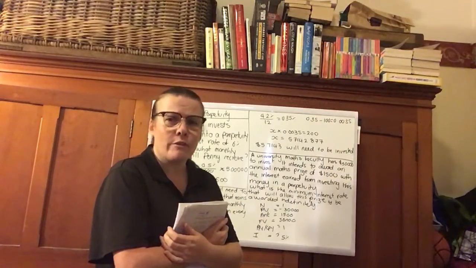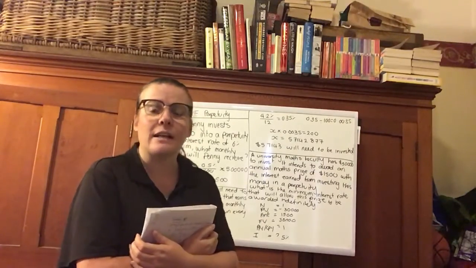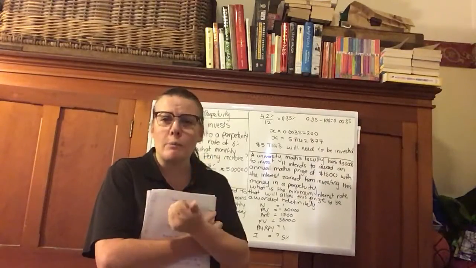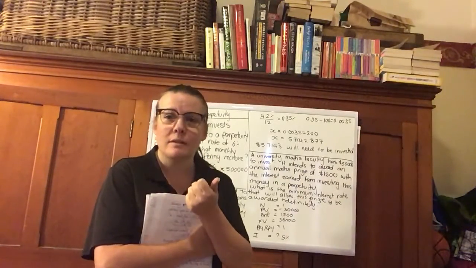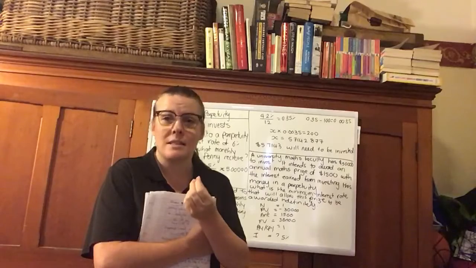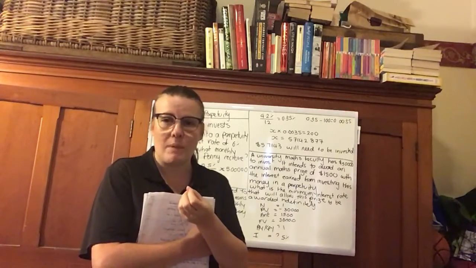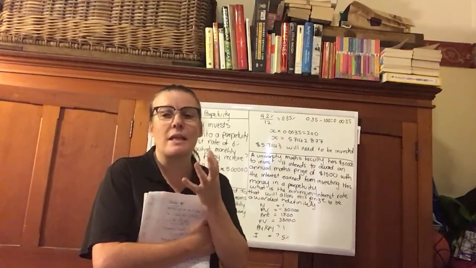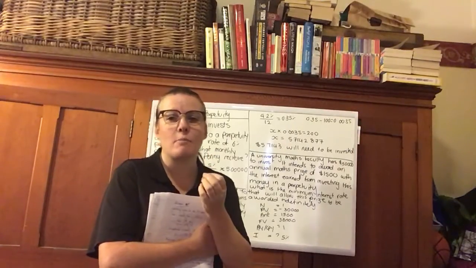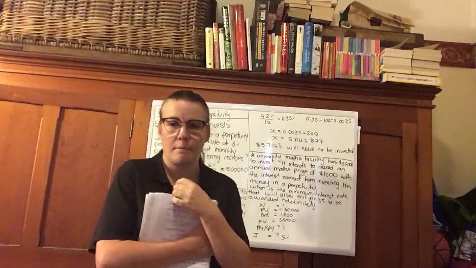So let's just go over a couple of things that we've covered in the last few lessons. So a perpetuity is an investment where the invested amount doesn't decrease. Payments are the interest amount earned. So in a perpetuity, the initial investment amount never decreases.